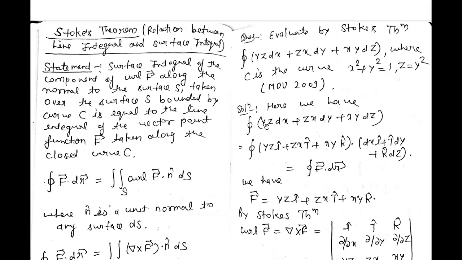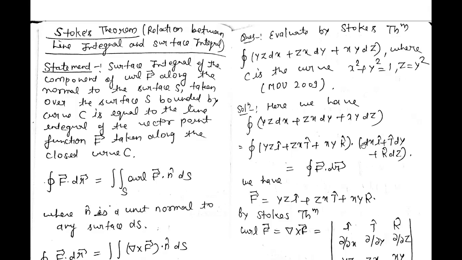You can write this integral as yz i plus zx j plus xy k cap dot dx i plus dy j plus dz k cap. What are you doing? You just separate these two parts, meaning f vector dot dr vector. So you are separating both of these parts into f vector dot dr vector form, right?